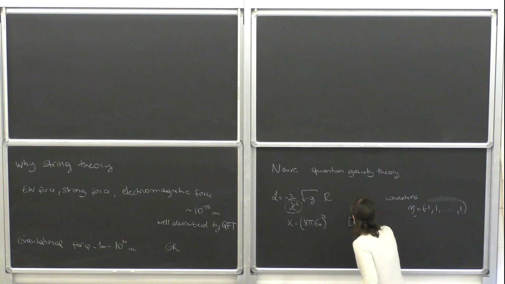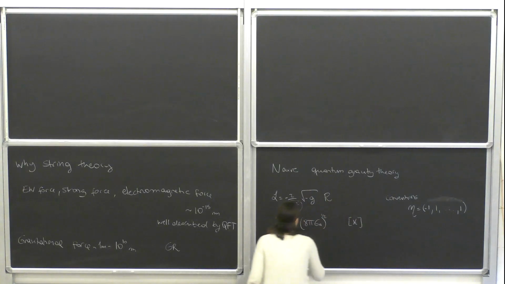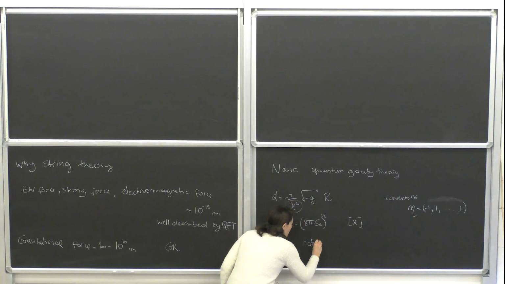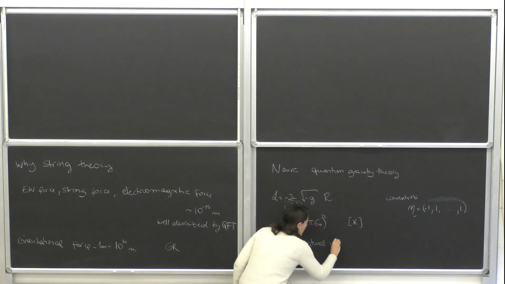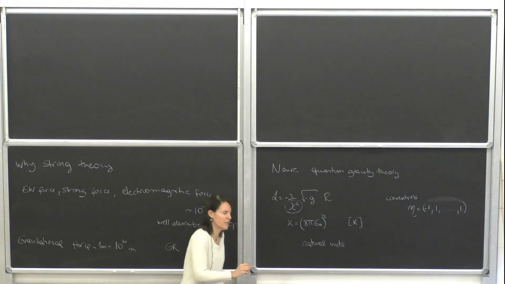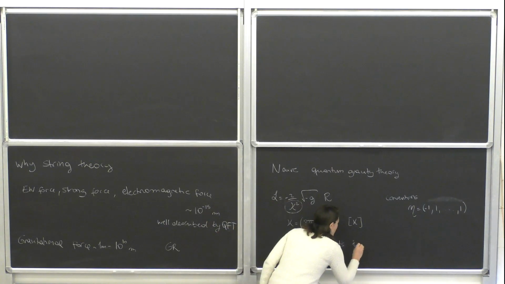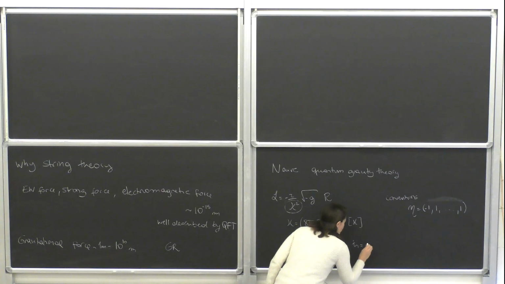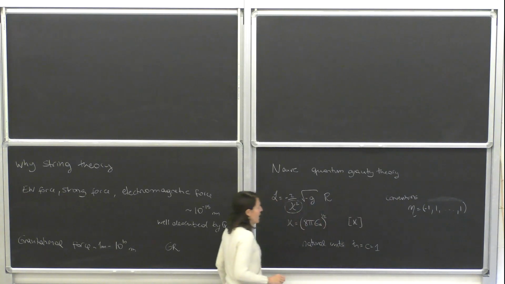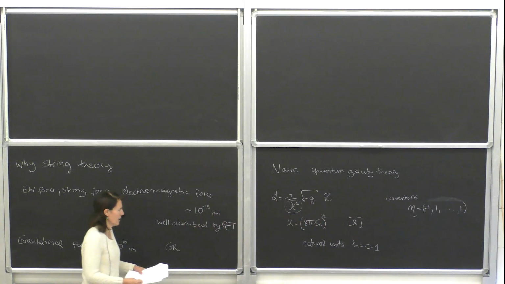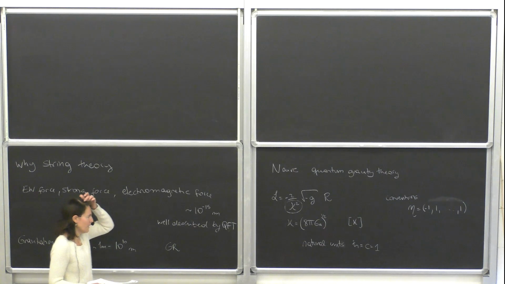And if we look at the units of kappa, first we'll use natural units. So you've seen natural units, I guess, right? These are units where h bar and c are equal to 1.